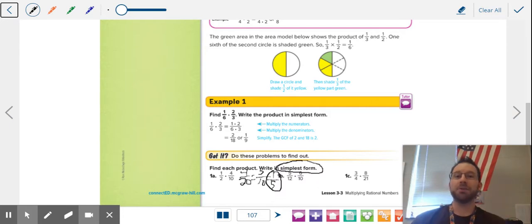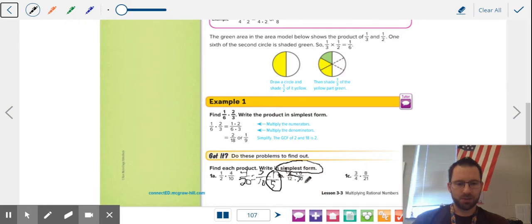Now, sometimes you can reduce before you multiply. I always recommend doing this because that way, instead of reducing at the end with big numbers, like in this case, it'd be 30 over 120, you can reduce before. And that way, in the end, it'll already be a reduced answer, which I like. This is called cross-reducing. You make it one big fraction right here, and you can reduce before you multiply. So look, 5 and 10 both have a 5.